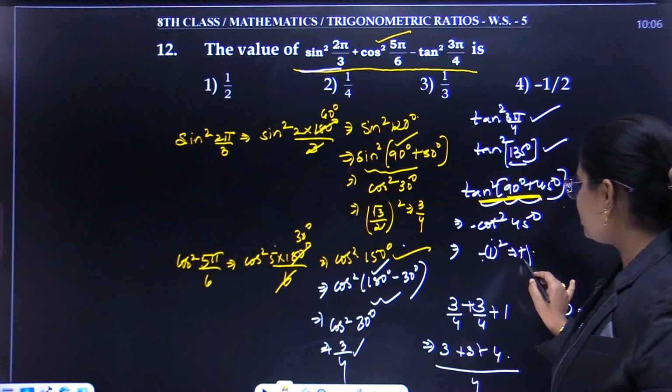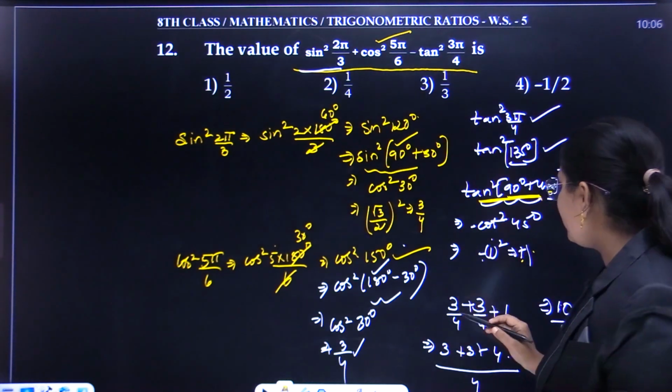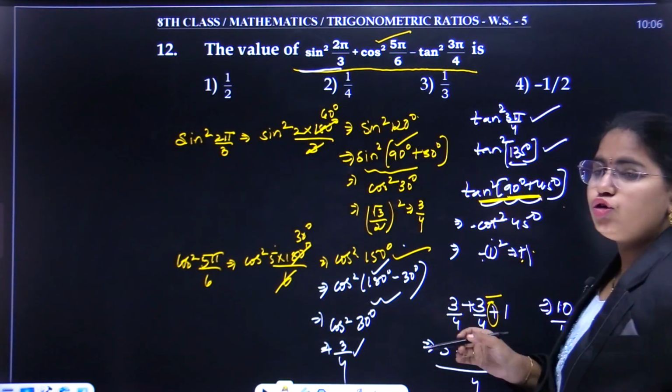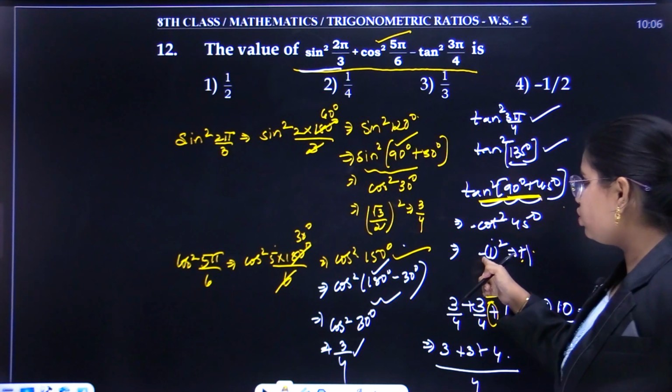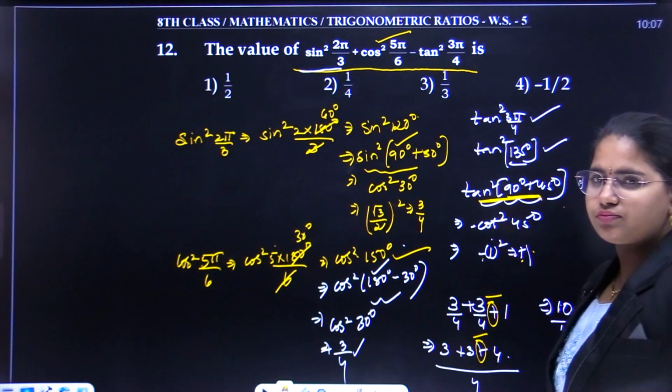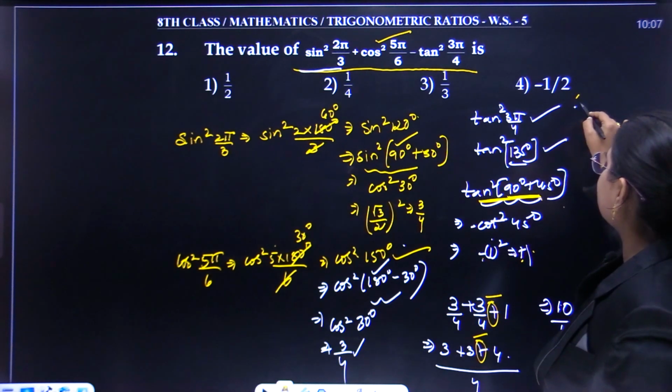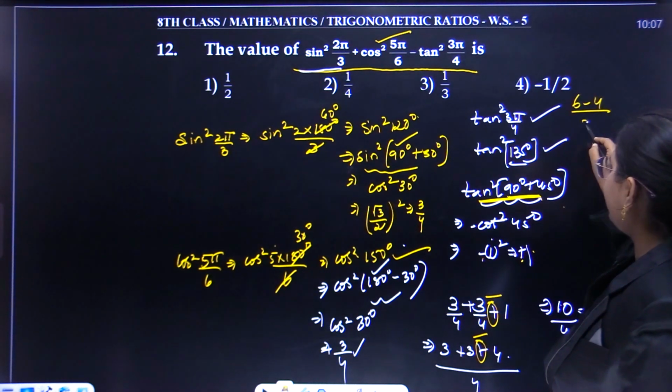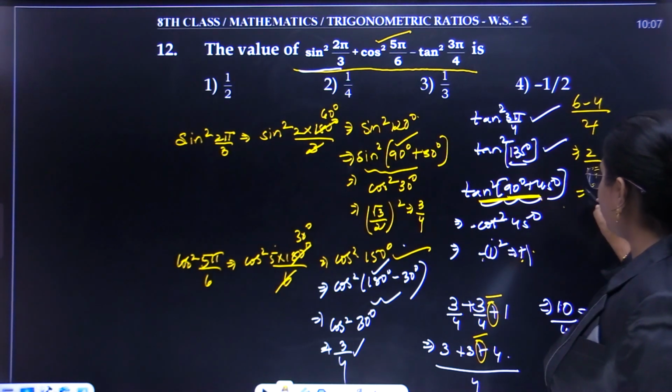So I need to substitute plus 1 here, but the sign in front is minus. Don't do minus into minus. Don't keep this minus like that. So this will be minus. Correct. 3 plus 3 is 6, minus 4, by 4. 6 minus 4 is 2 by 4, which is 1 by 2.